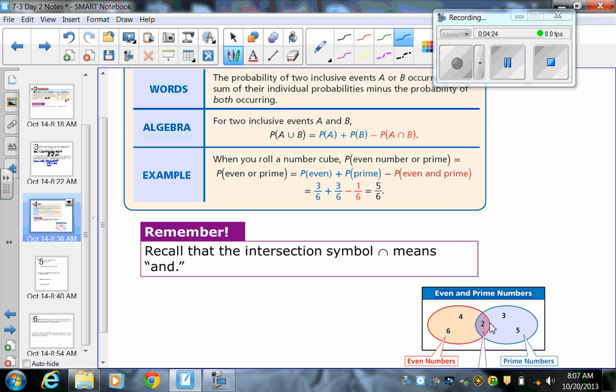But there's 1 number in the overlapping section, so we have to subtract off what they overlap, which is 1 out of 6. So 3/6 plus 3/6 is 6/6 minus 1/6 equals 5/6, or as a decimal you would have 0.833 or 83.3%.